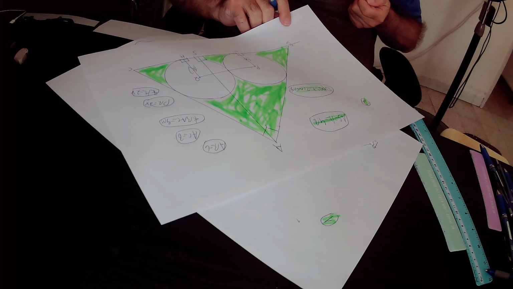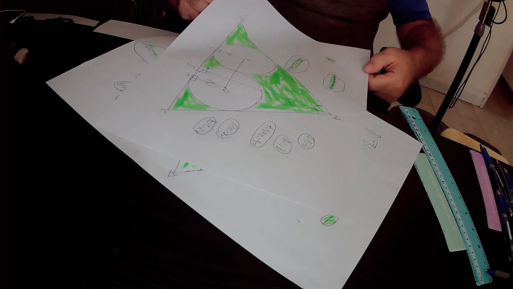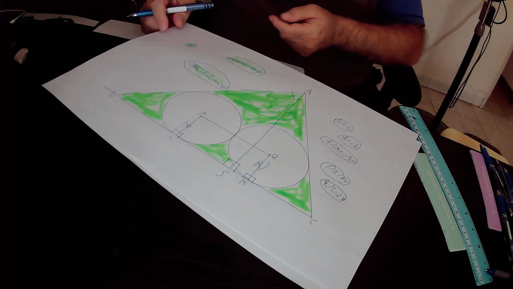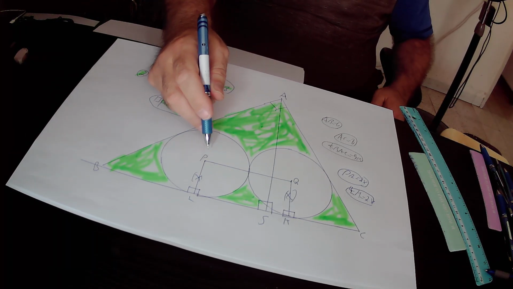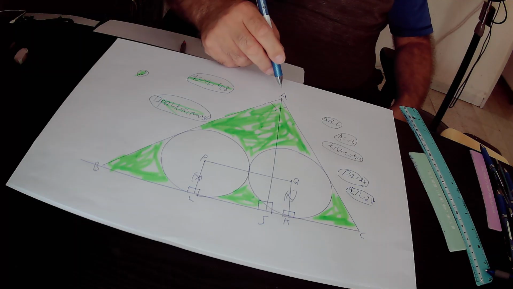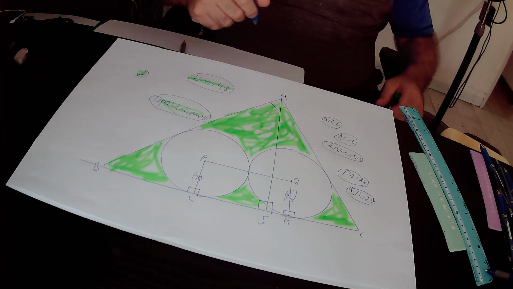In the next step, we'll do a construction. That is to say, we'll join points A and P together by a straight line, and then we'll join points A and Q together by a straight line.